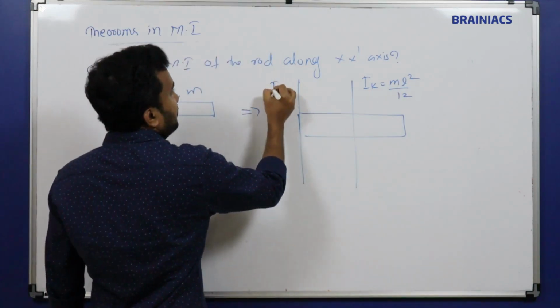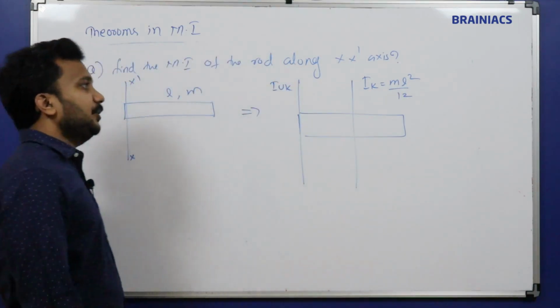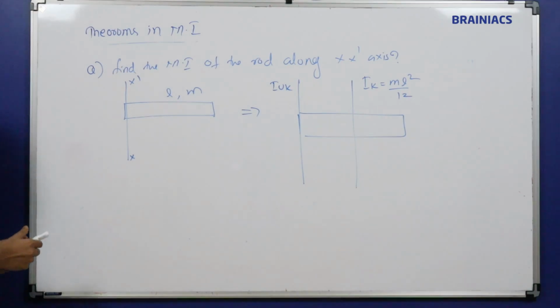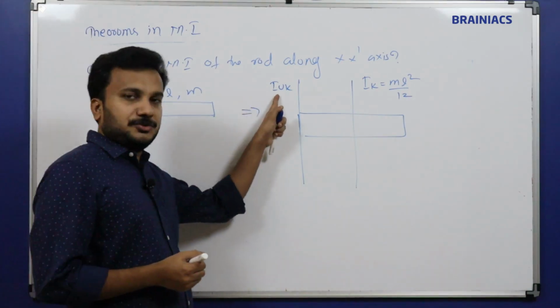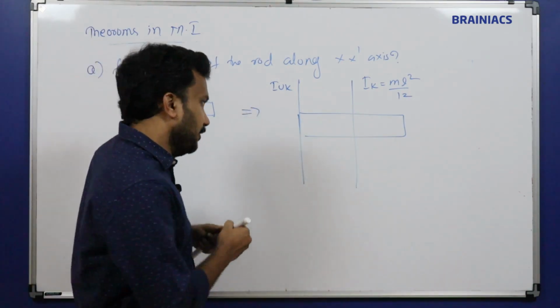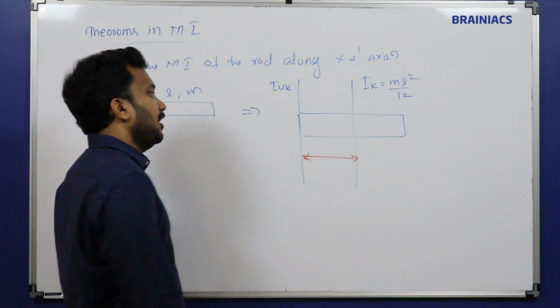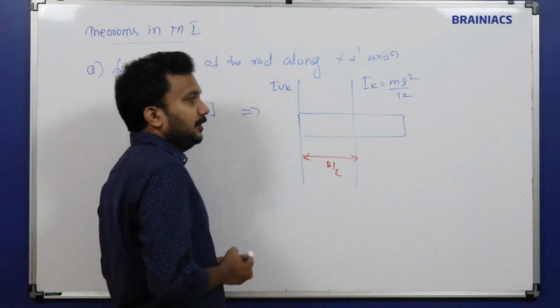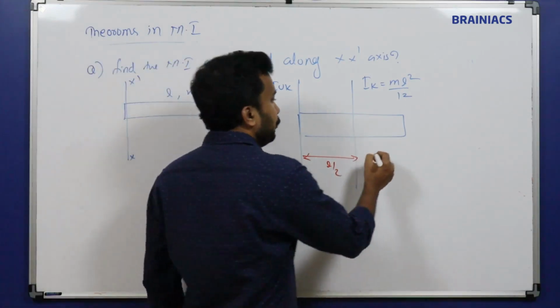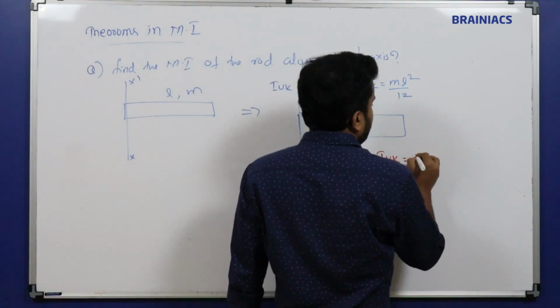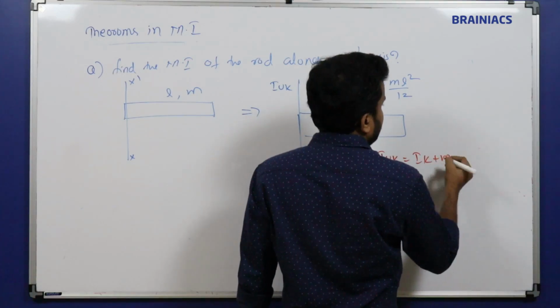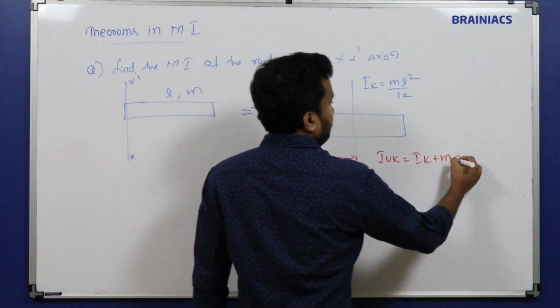And this is an I unknown axis. We don't know the moment of inertia of this axis; the question asks us to find it. What is the distance between these two axes? Total length is L, so half of it, L by 2. Now we apply the formula I unknown is equal to I known axis plus m into a square.